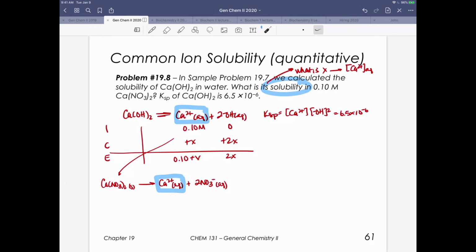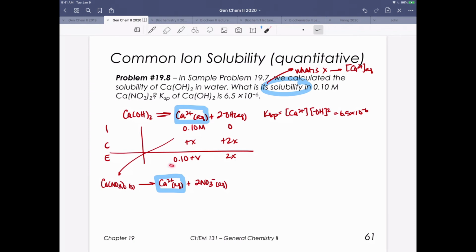And because calcium nitrate is completely soluble, this is a one-way arrow, the concentration of 0.1 molar calcium nitrate means we've also got 0.1 molar calcium ions. So that's where that piece comes from. No other sources of hydroxide. Then our ice table continues in our change column like we'd expect. We've got plus x and then plus 2x. So now this is going to be 0.1 plus x and then 2x.